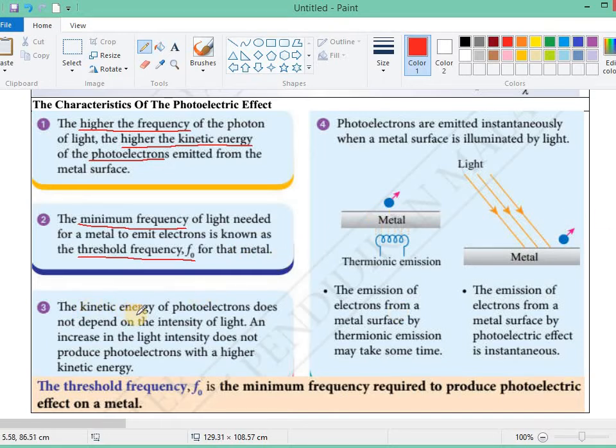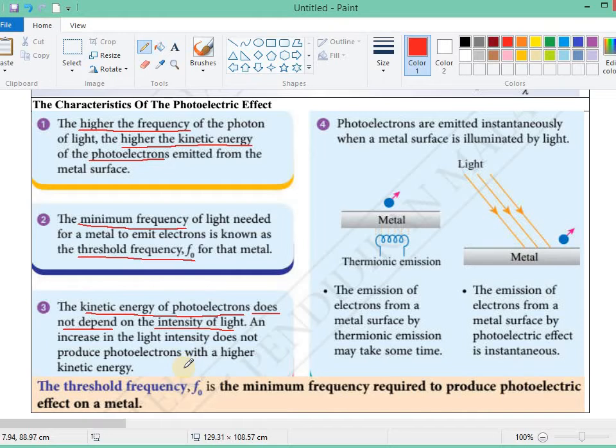Next, the kinetic energy of photoelectron does not depend on the intensity of light. An increase in light intensity does not produce photoelectrons with higher kinetic energy.